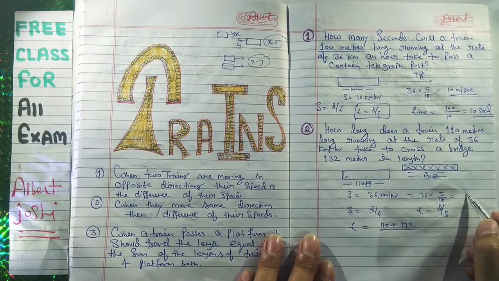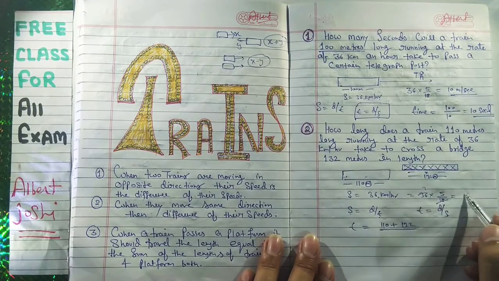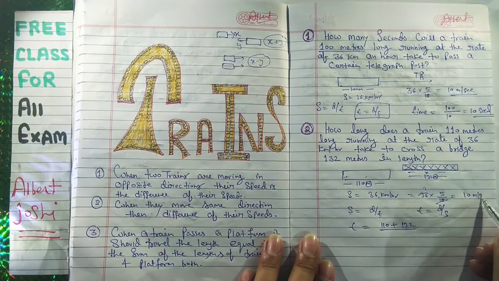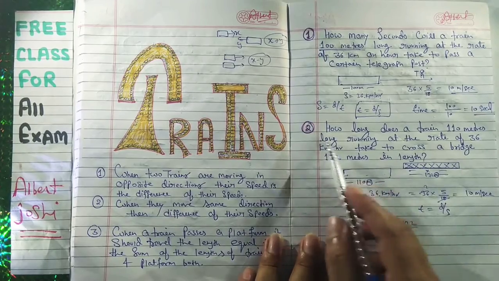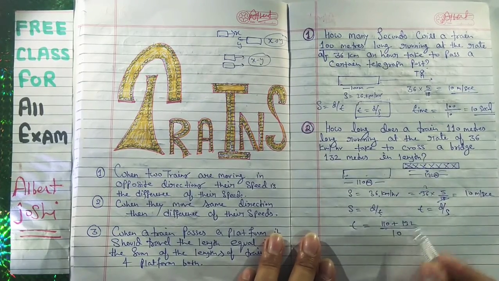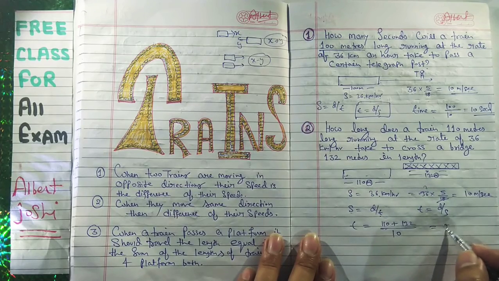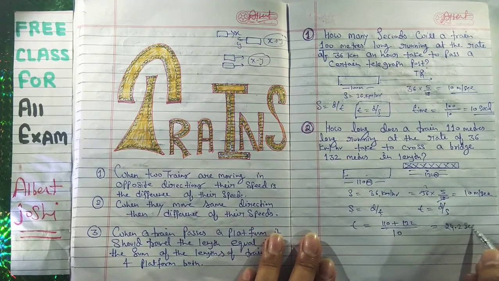After that it will be 18 to the 36, 5 to the 10 meter per second, because he has given us this in meter. So that is 10. After that meter cancels and you will get seconds. So that will be approximately 24.2 seconds.